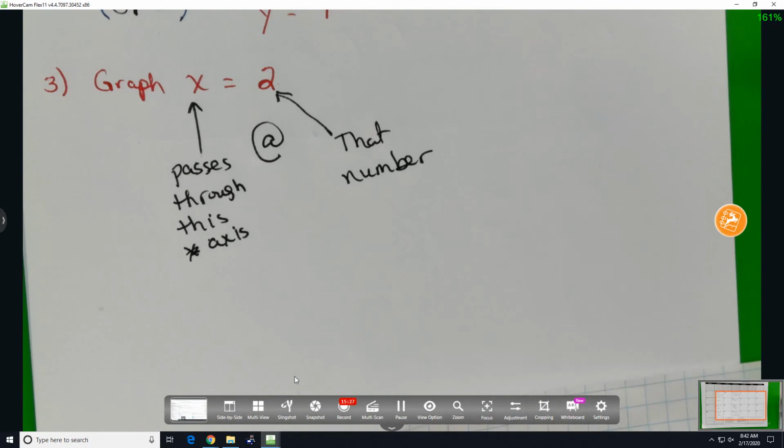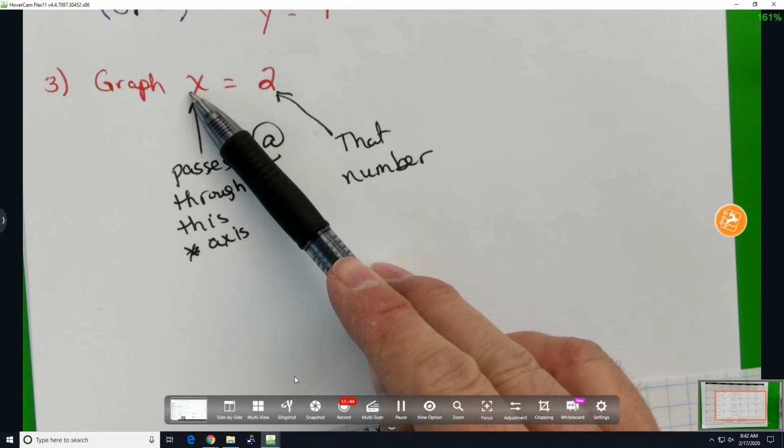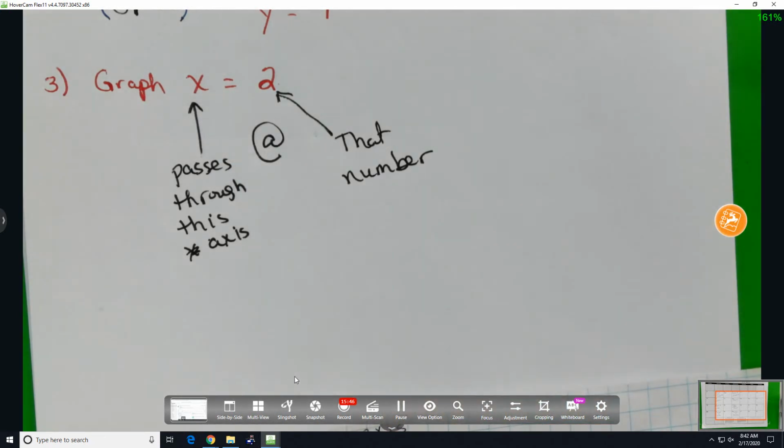Let me draw my rectangular coordinate system. If you remember that the letter on the left is the axis it's passing through, then it'll be very easy for you to graph these. Let me show you what I mean.